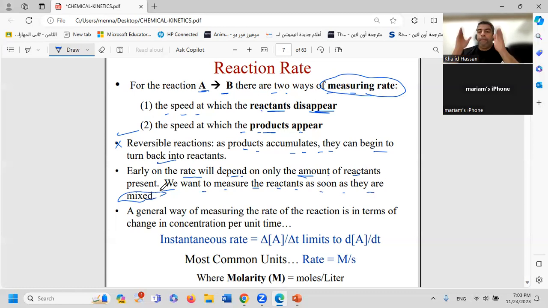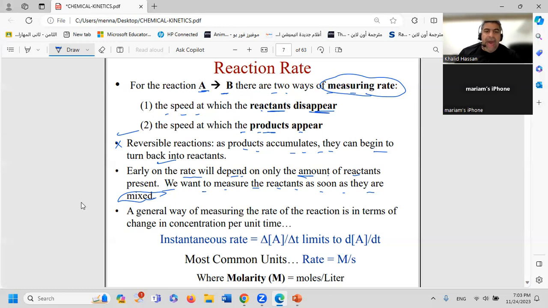At the time you add the reactants, we start measuring the rate before reaching the reversibility stage. Don't give any allowance to the reversible reaction if you want to measure the rate. Okay, so now we know how to measure for the forward or direct reaction and the reversible one.